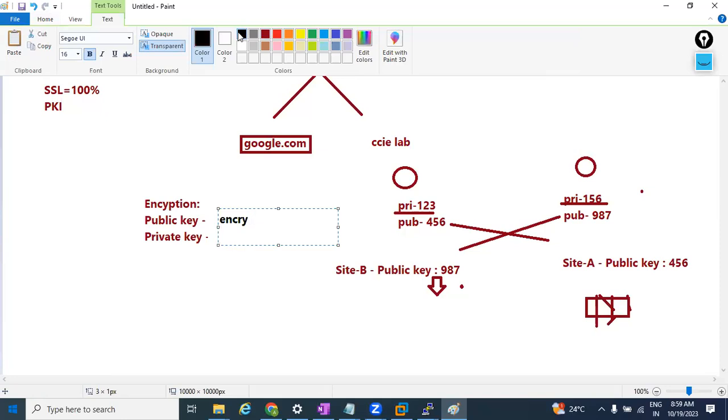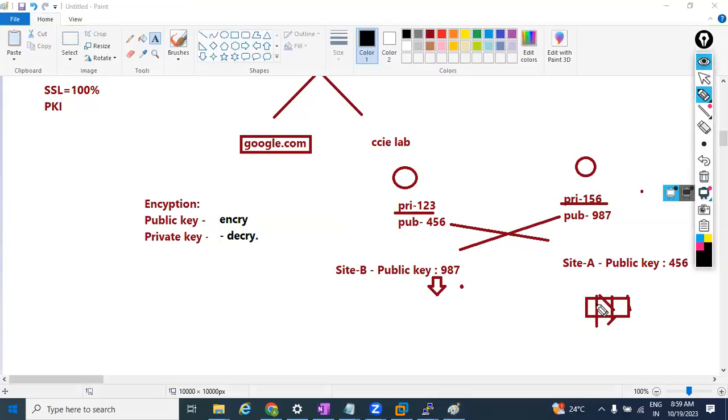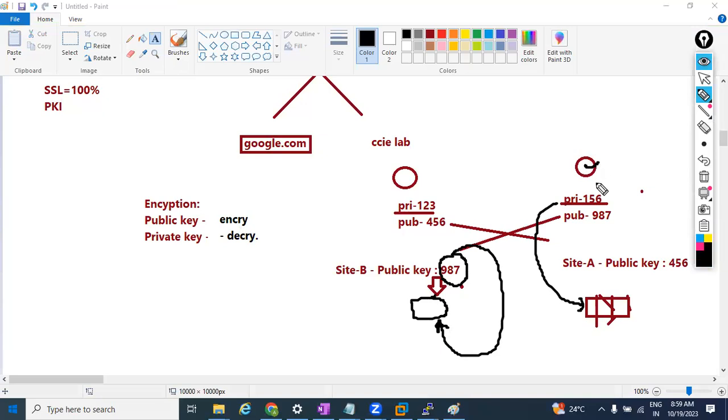Encryption would be with public, and decryption would be what? Private. Okay, so when it reaches site B, this would be decrypted with the help of site B's private key. Because here you have encrypted the data with the help of the public key of site B, so in this world, only this device can decrypt it with the help of its own private key. Okay, so this concept was there.